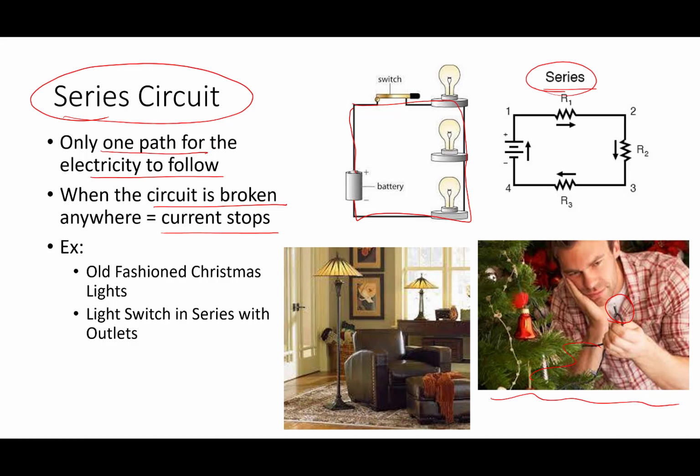It can be really useful if you want a light switch that is in series with a bunch of outlets in your living room. Very often in a living room, there is not an overhead light. Instead, there are a whole bunch of electrical outlets around the room, and there is a switch on the side of the room that, when you turn it on or off, controls anything plugged into those outlets.